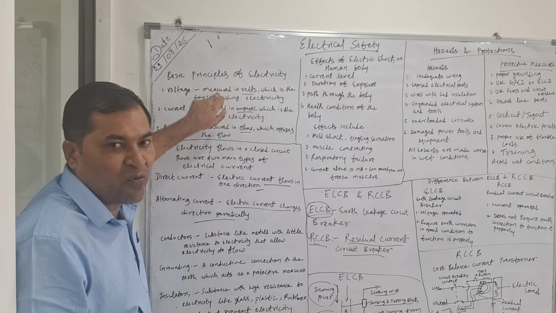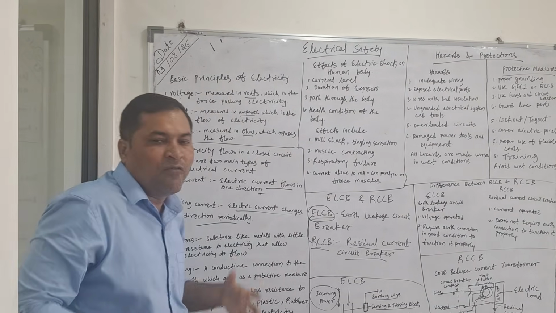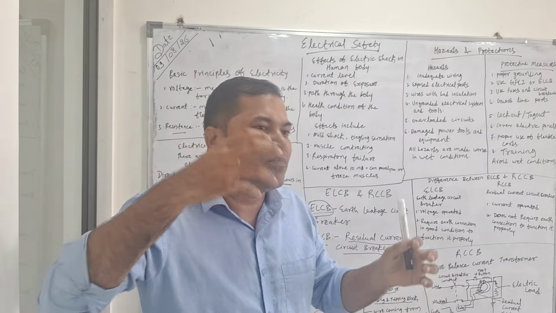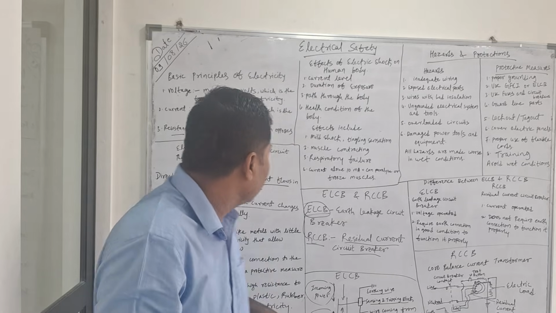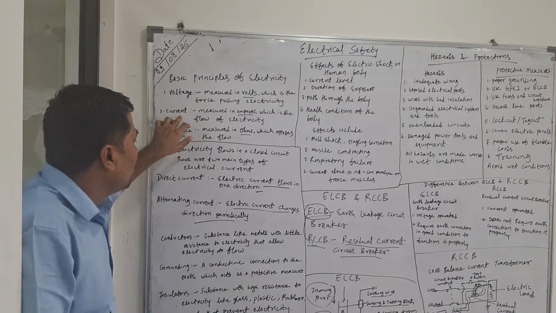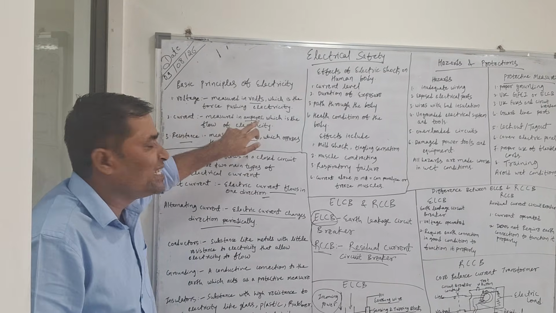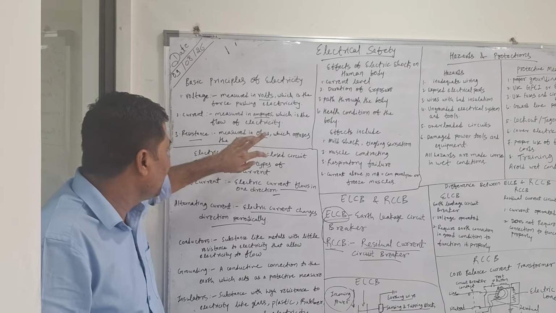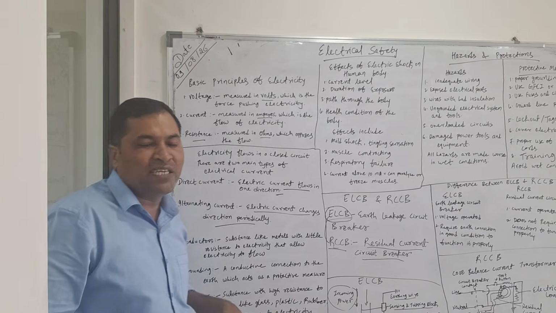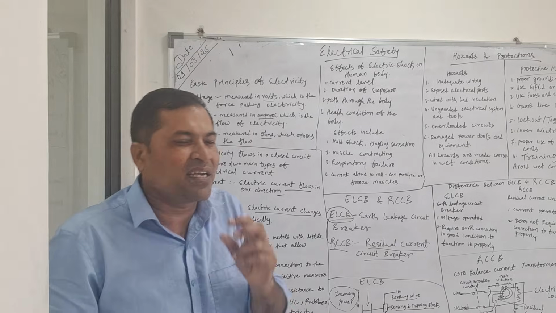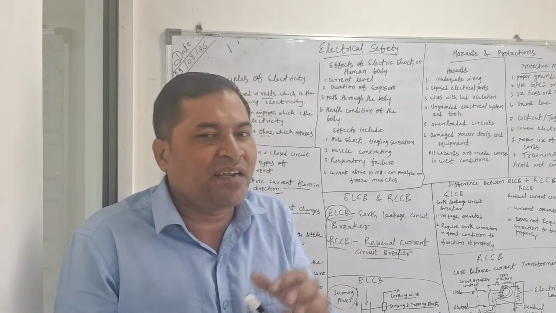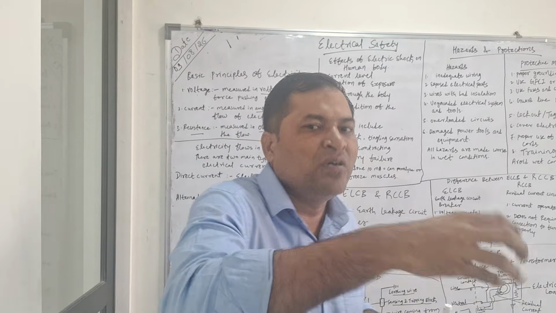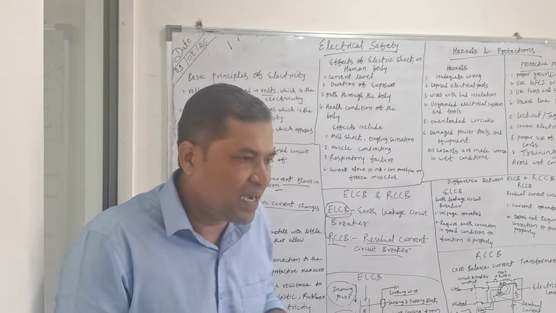Voltage is measured in volts, which forces the power supply through the wires from one place to another. Then current, which is measured in amperes, is the flow of electricity, and resistance is measured in ohms. There are different types of resistors which oppose the flow of electricity from one place to another with the help of wires.